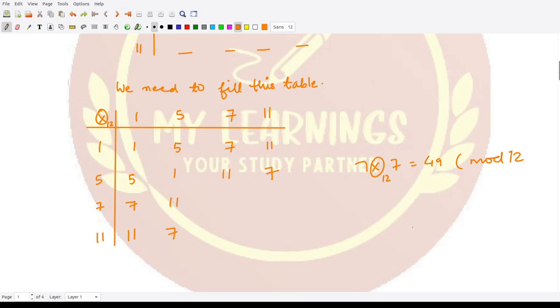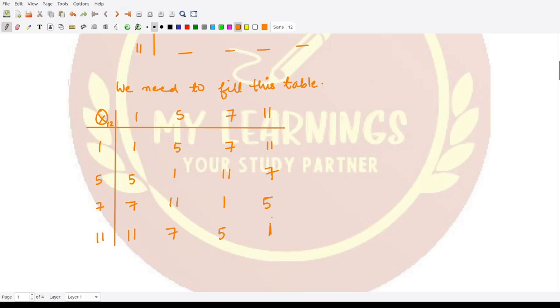Now once you know this entry, you can write down all other entries by yourself without calculating. That's so interesting. Now obviously in this particular row 5 is missing, so definitely 5 would come here. Similarly you can check here, 5 is missing, so definitely 5 will come here. What about this? Here 1 is missing, so definitely 1 would come here. And this is your Cayley table.